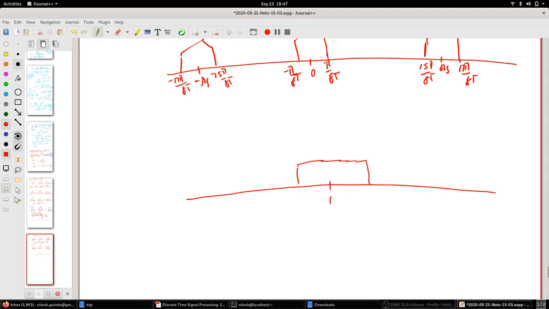So it has a cutoff at pi by t and minus pi by t, and the value is t. In omegas it is omega s by 2, and minus omega s by 2. So this is your HR of j omega.